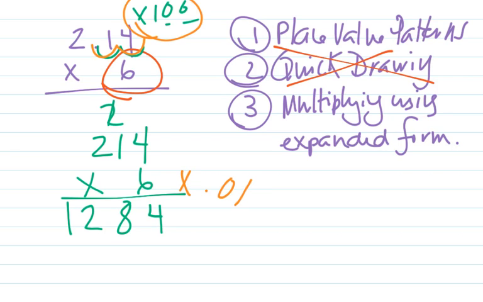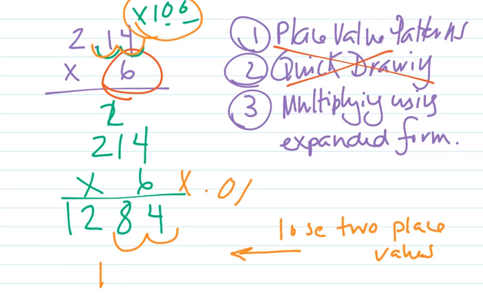And we multiply the opposite, we go to the left, and we lose 2 place values. 1, 2, so our real answer is 12 and 84 hundredths. So that's place value patterns. If you'd like to use expanded form too, that's okay. I'm not going to work on that one in this problem.